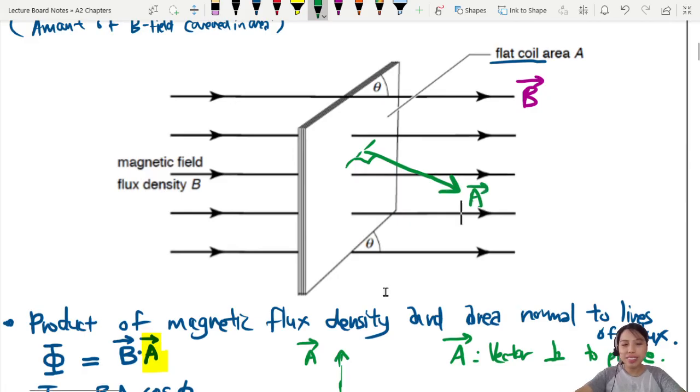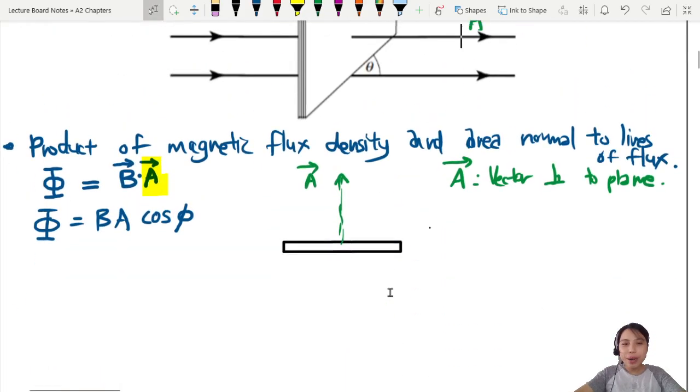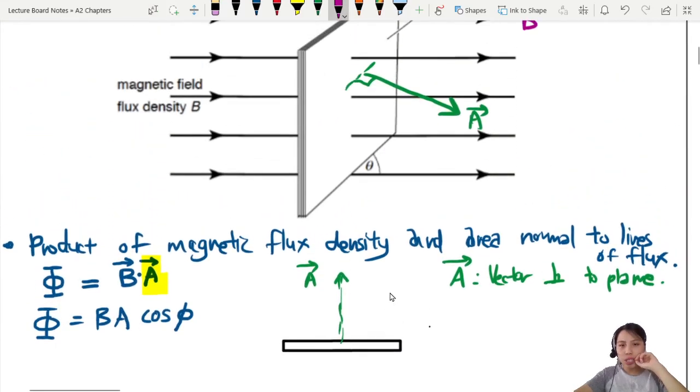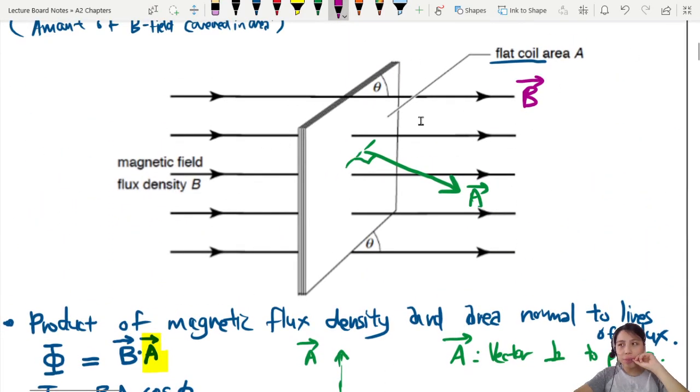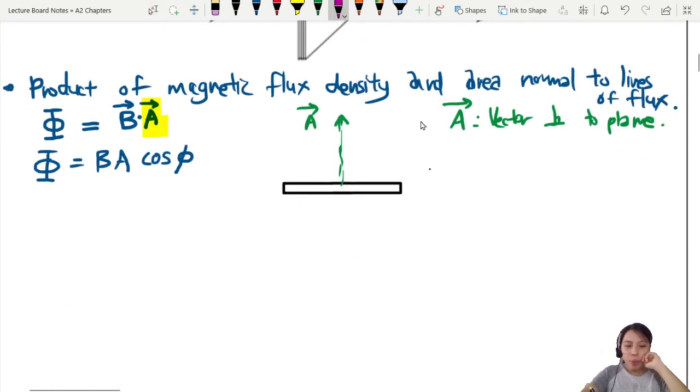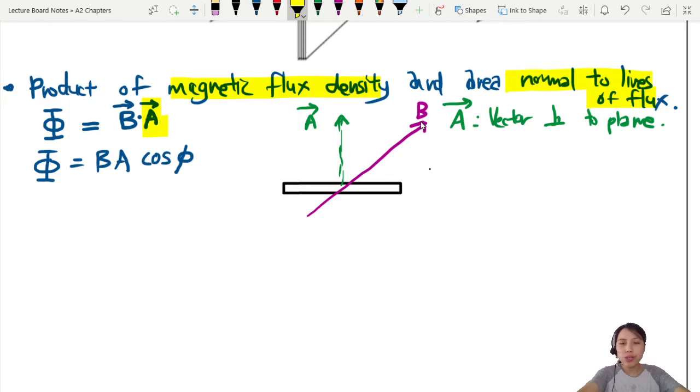Alright? So anyway, if we want to think of the magnetic field together with the plane, if I want to try to redraw this diagram up here, maybe I want to use a different view. So I would say, well, if you have a magnetic field that's pointing this way, this is not going to work because we need to resolve something, because you're a product of magnetic flux density and the area normal to the lines of flux. So we need to do some resolution of vectors over here.